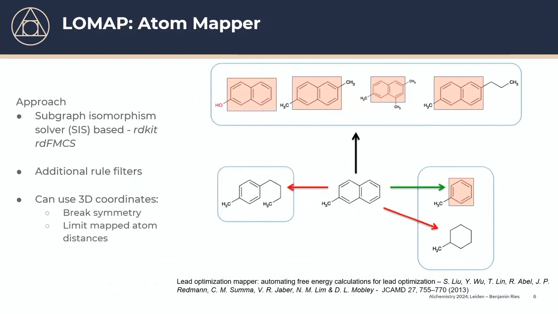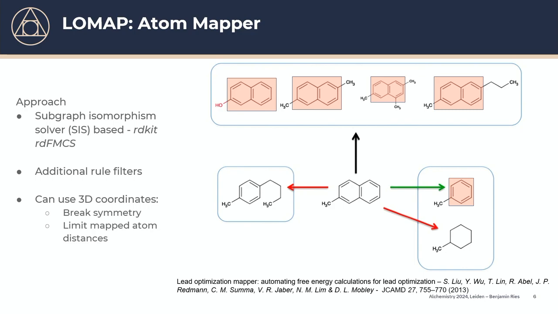For that, we have 2 approaches. One is LOMAP, which was already explained by Hannah earlier. I want to emphasize again that LOMAP is a subgraph isomorphism solver-based approach. This means the MCS is found in a 2D topology way, and then we can put additional rules onto that and also add in 3D information.